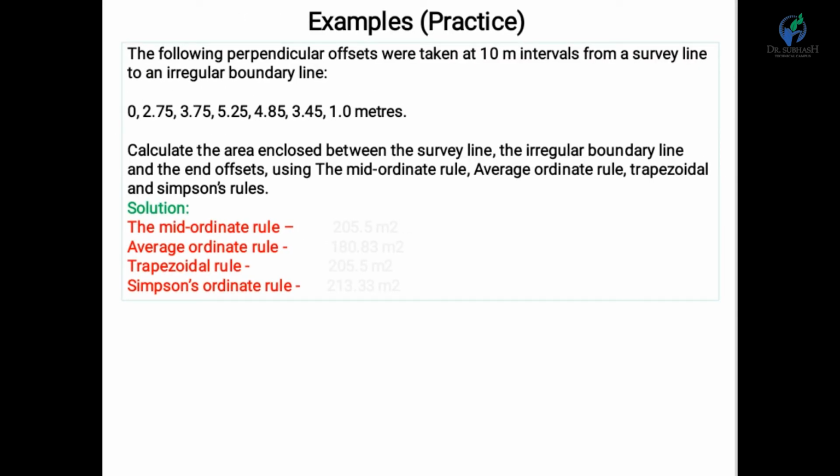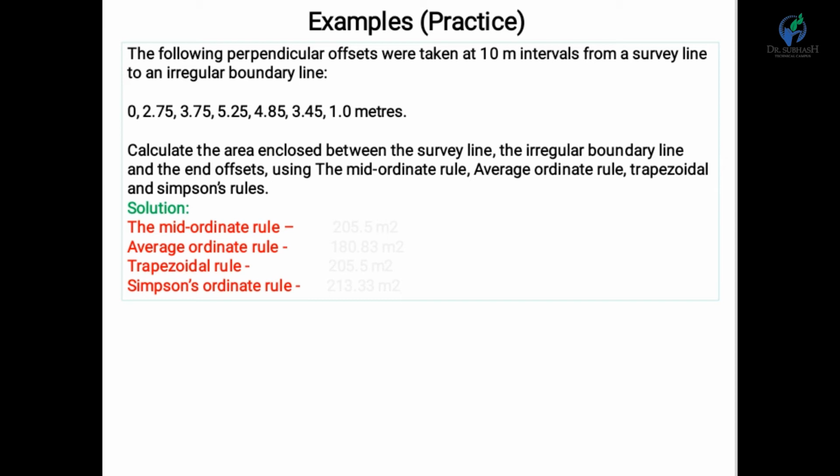Now I can give you a practice assignment for calculation of areas, in which some data like interval and offsets of ordinates are given, and we have to find the enclosed area between the irregular boundary and the survey line.